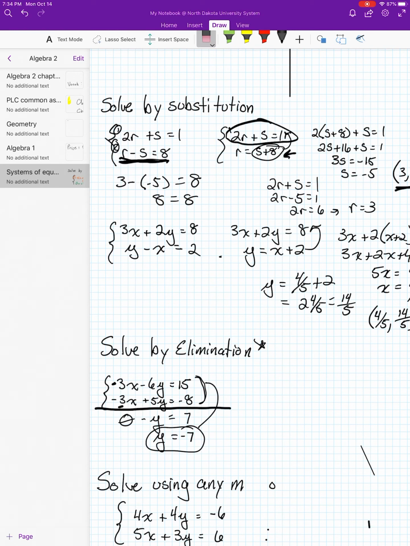Okay, well let's substitute now this value, -7, into one of the original equations. I'm going to use the first one. So let's do it in the first equation. 3x minus 6 times -7 equals 15.